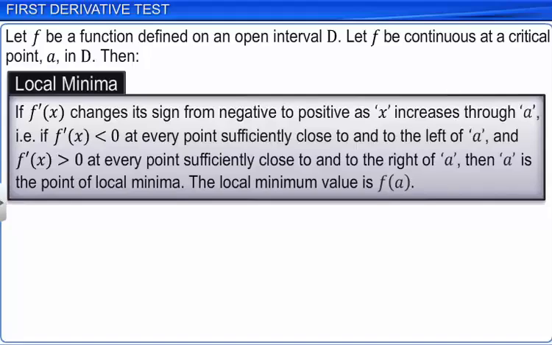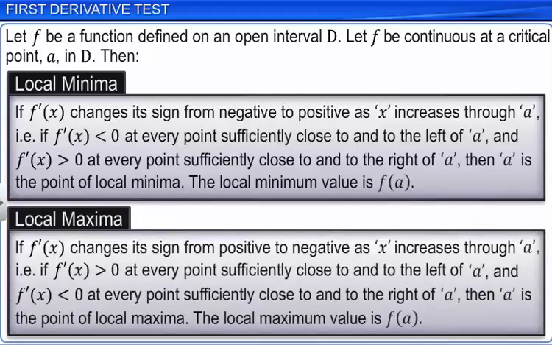Here, the local minimum value of the function is its value at a. If the derivative of f changes sign from positive to negative as x increases through point a, then a is known as the point of local maxima. Here, the local maximum value of the function is its value at a.